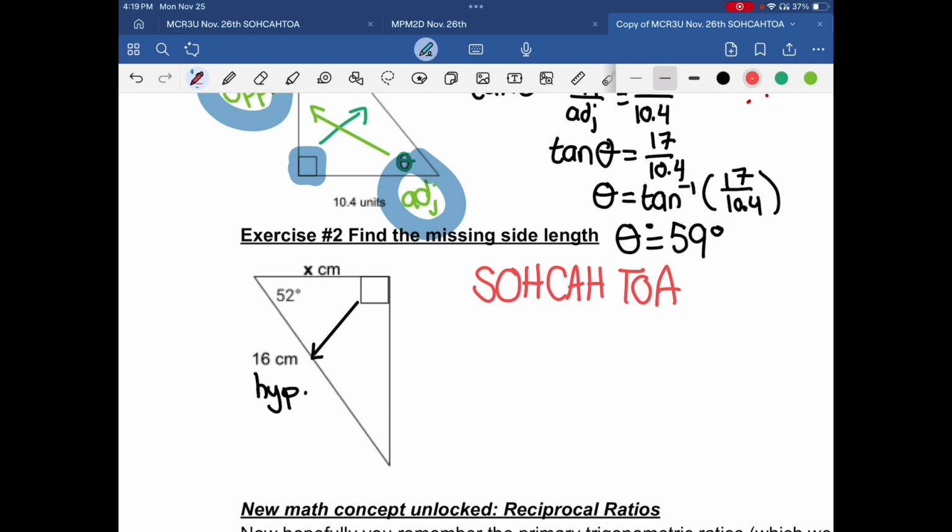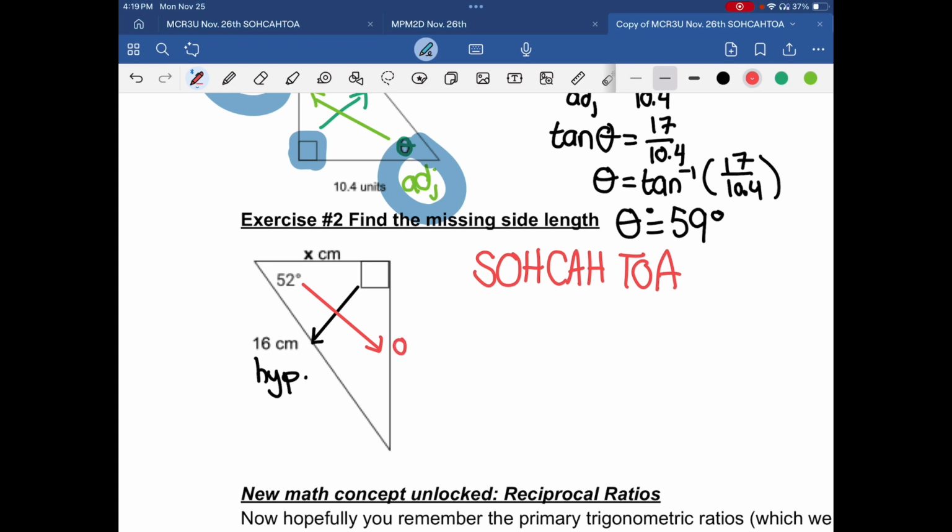And then from my other angle in question that isn't my 90-degree angle, that will be what we consider our opposite side length. And then adjacent just is another word for beside. So based upon what I have, hypotenuse and adjacent, it makes the most sense to use cosine.